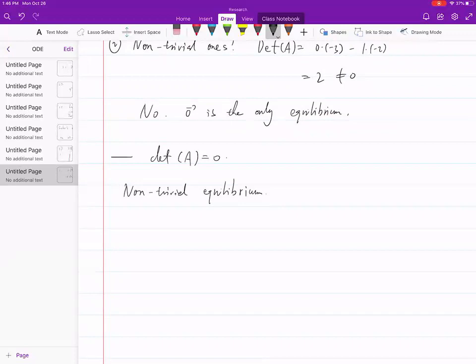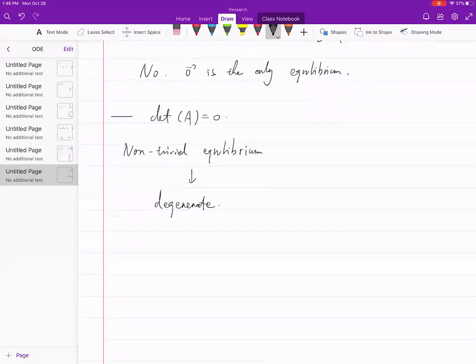The essential point is the whole thing is called degenerate. Did you guys went over degenerate in linear algebra? Okay, this is what it says.